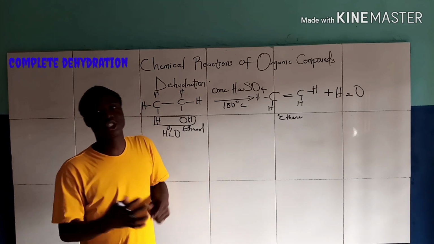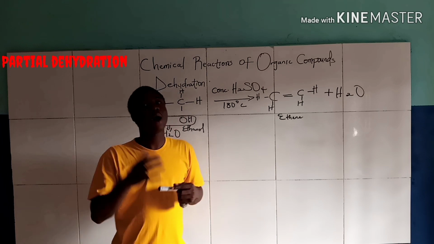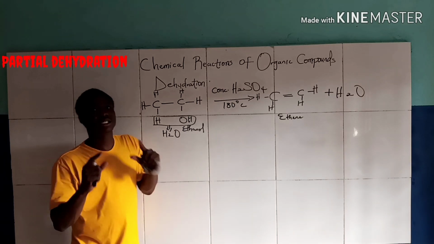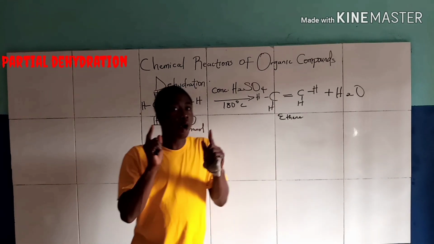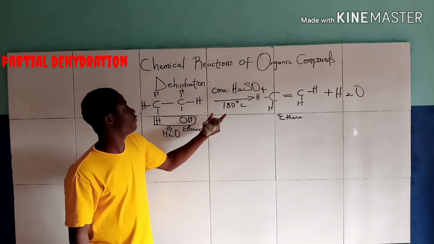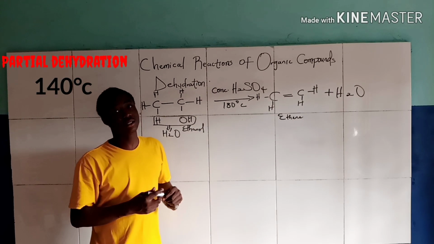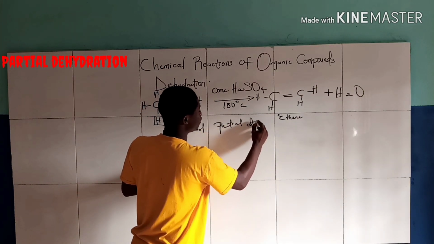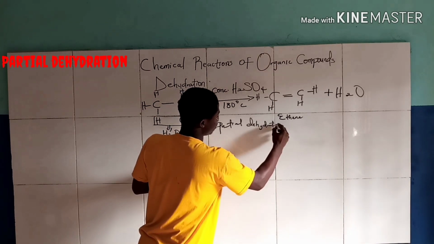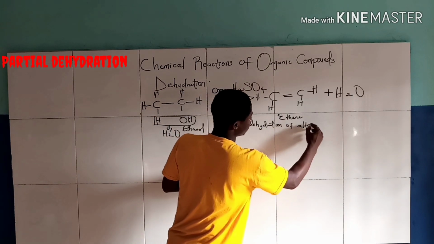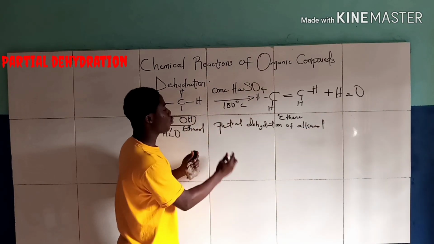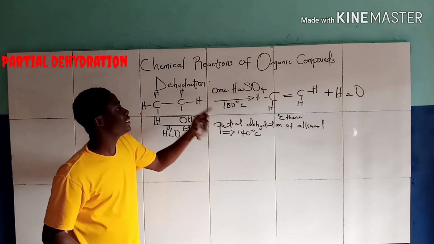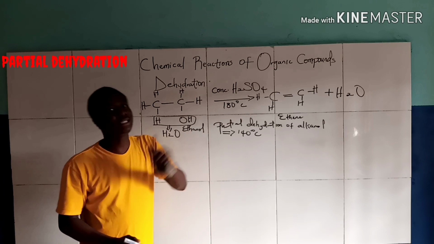Now let's go over to the partial dehydration of alkanols, also called alcohols. Partial dehydration of alkanols works at a temperature of about 140 degrees Celsius, and it's still the same dehydrating agent.